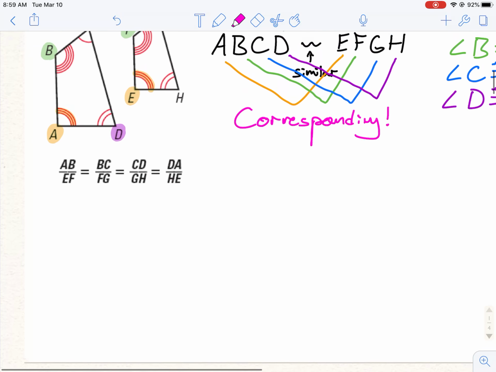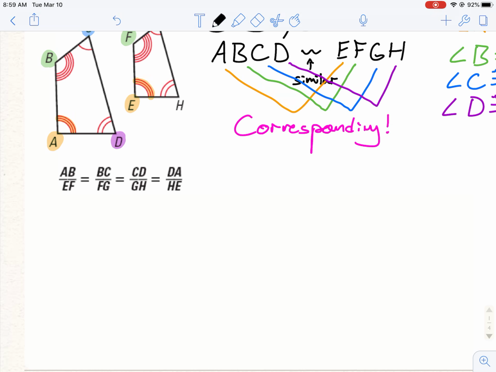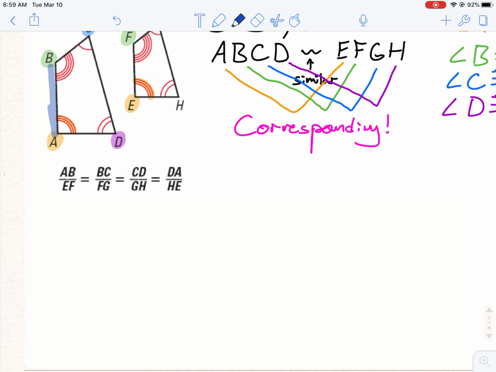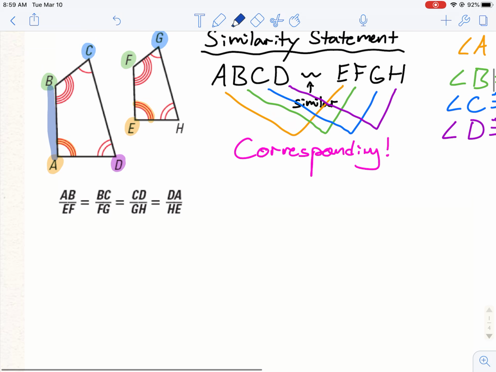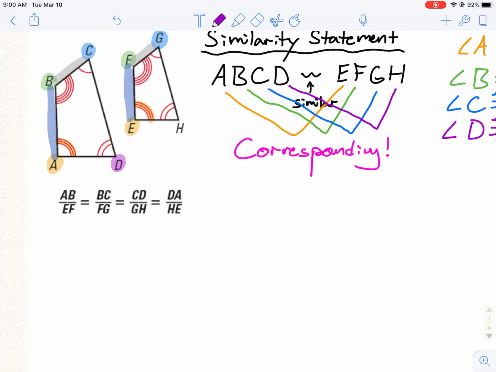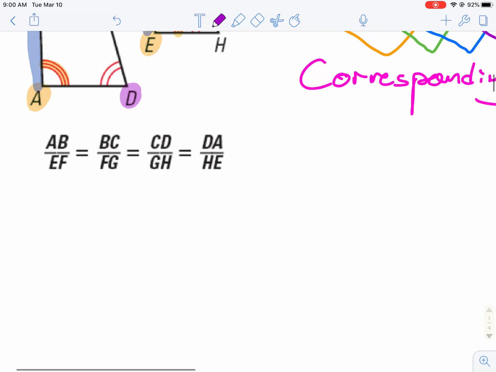If I match it up, I can look at the side lengths themselves and say, well, AB, this side here, matches up with EF, this side over here. And then you could keep going along the side, BC with FG, so on and so forth. Now, from this, these are our proportional sides.